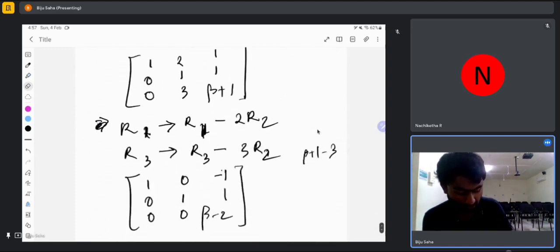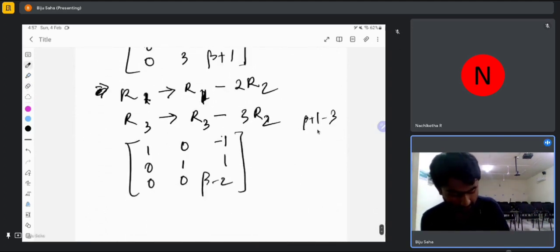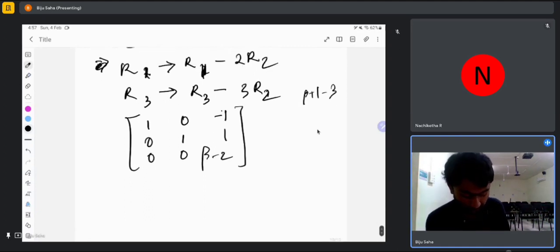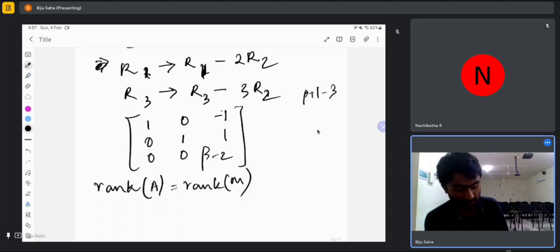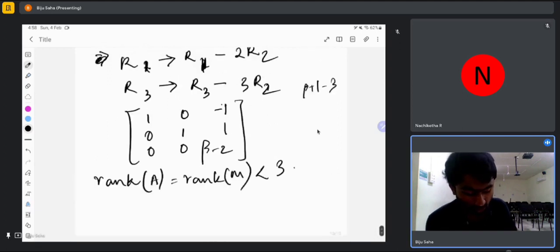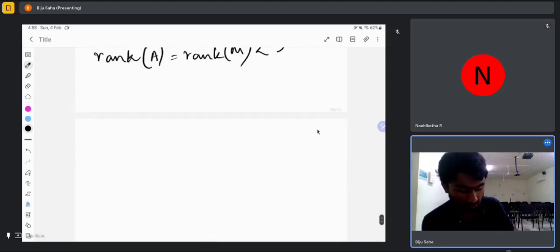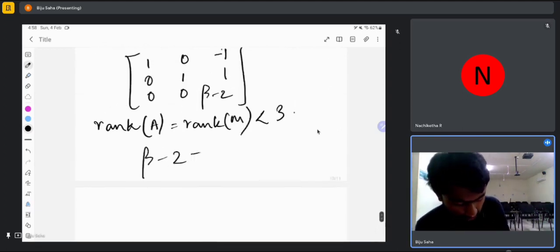I reduced it to the row reduced form, and now, for it to have infinitely many solutions, the rank of the augmented matrix and also the rank of the coefficient matrix have to be less than the number of variables. That can be achieved only when beta minus 2 is 0. If beta minus 2 is 0, then this particular entry goes to 0.